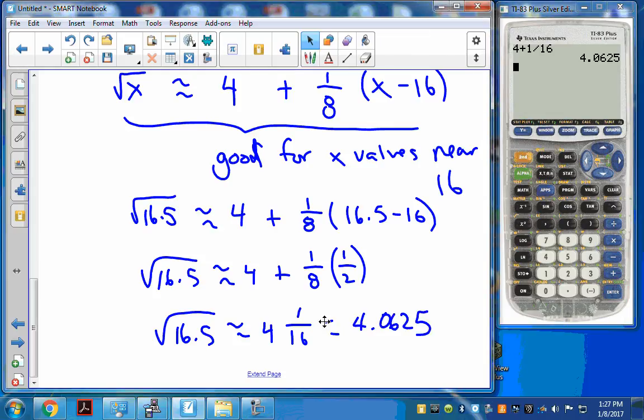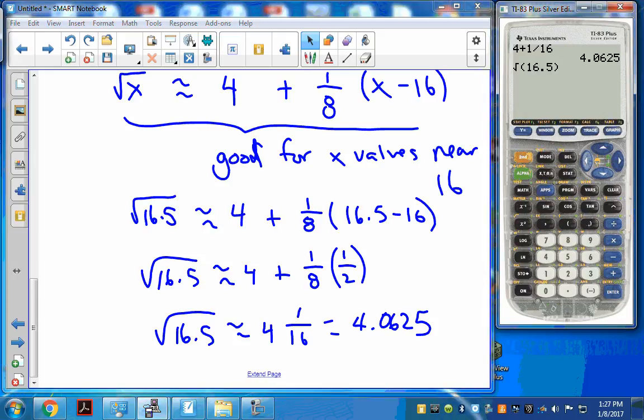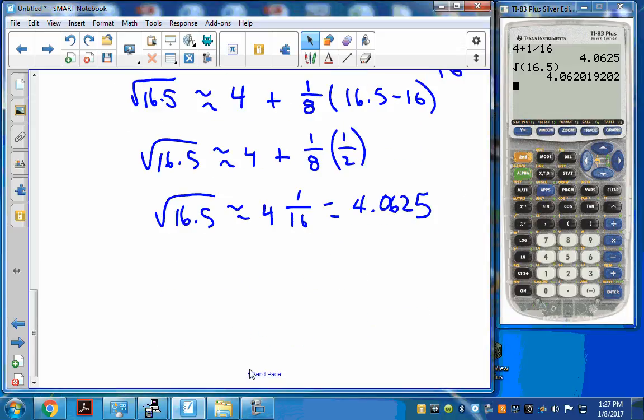If we actually jumped on our calculator and asked for the square root of 16.5, the best approximation my calculator gives me is 4.0620. So we're off by 5/10,000ths, which isn't bad. And the other thing you might want to note is that our approximation here is a little bit too big, which sort of makes sense when you look at the picture again.